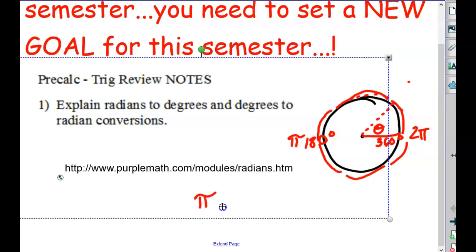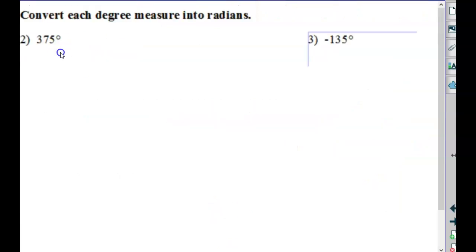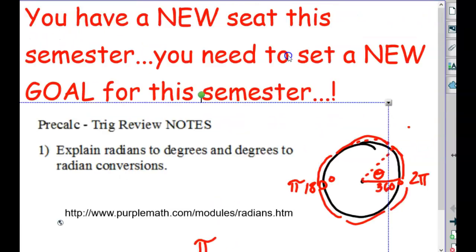So I don't ever memorize anything if I don't have to. So I don't know, do you multiply by pi over 180 or 180 over pi? I just use dimensional analysis. Does that make sense? If I have radians, then I need the radians to cancel, so I put the pi on the bottom. If I have degrees, I need the degrees to cancel, I put the degrees on the bottom. Okay. So, real quick. Oh, are we supposed to write those down? Okay.